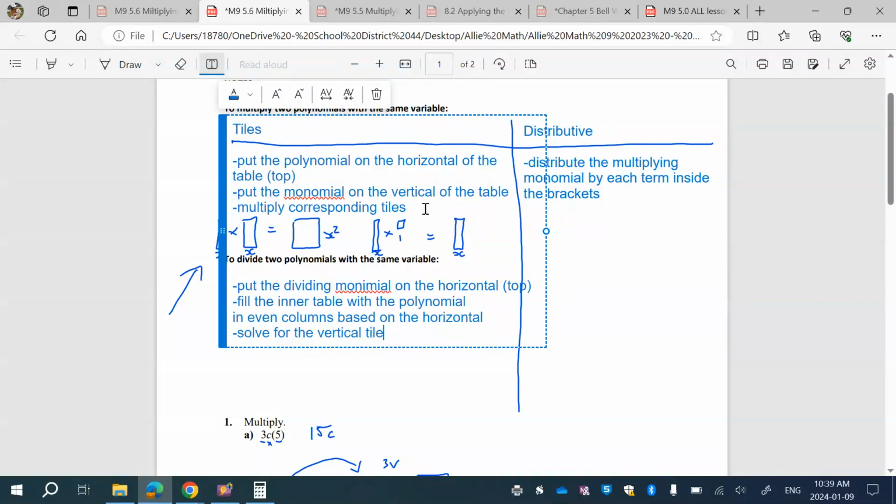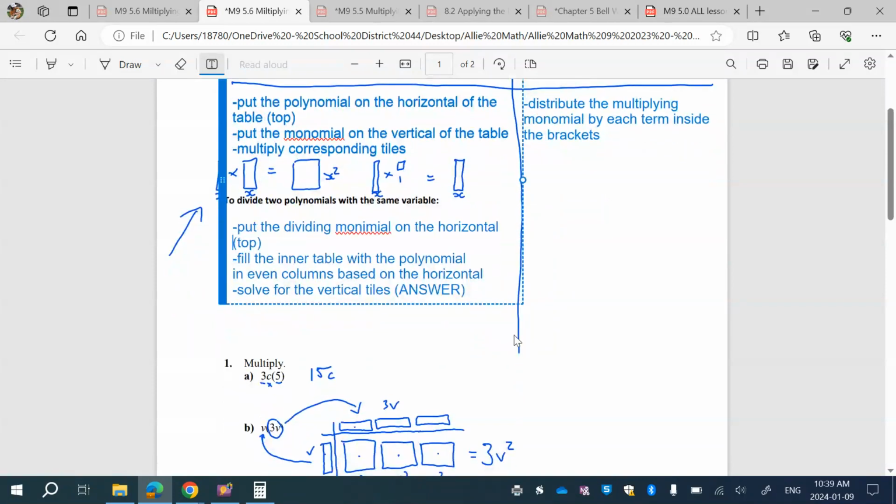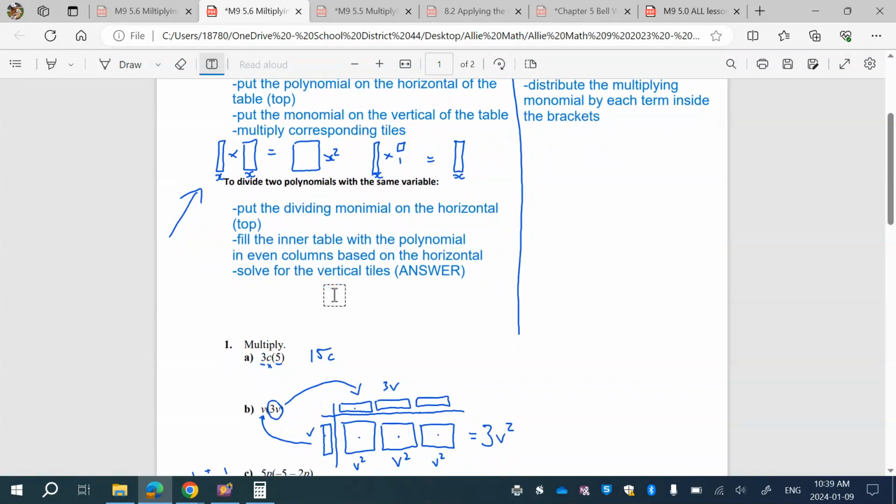So basically, the answer. Maybe I'll put that down, there you go. Okay, so I'll show you what this looks like. I'll give you a second to copy that down, maybe I'll pause it for you, and then I'll show you an example on the next page.